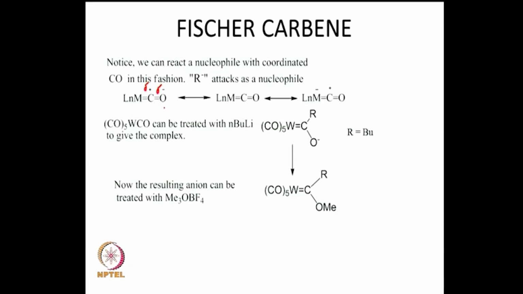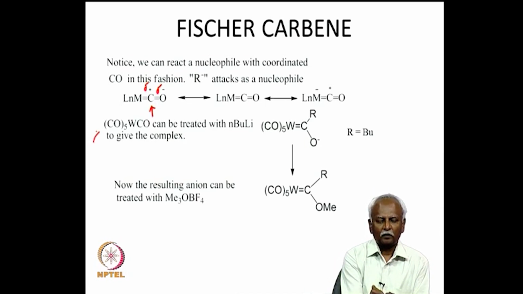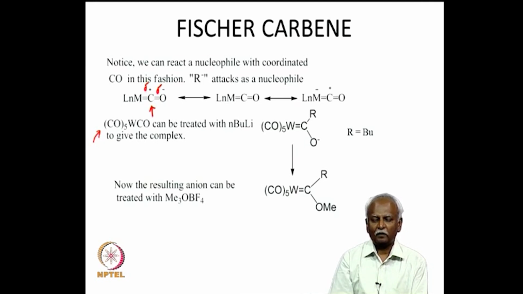So, in this particular resonance structure, you can have a nucleophile attacking the carbonyl carbon. If I treat tungsten hexacarbonyl, which is pictured here, with N-butyl lithium, the butyl lithium is a good nucleophile and it will attack this molecule at the positively charged center.